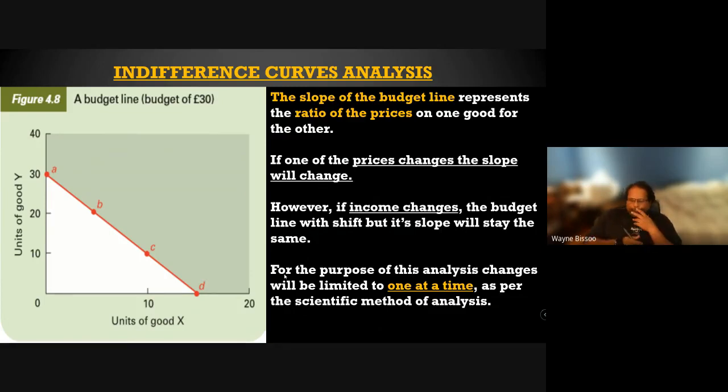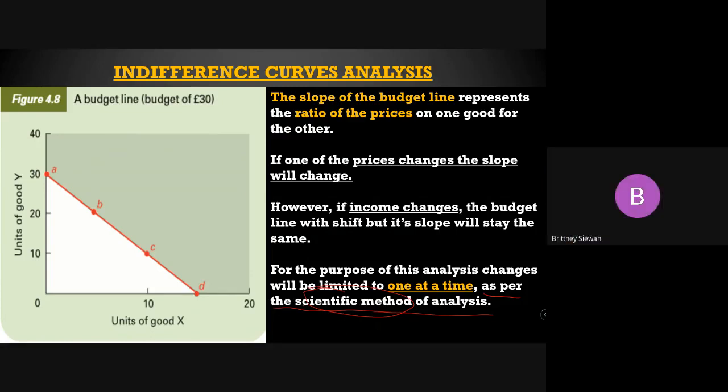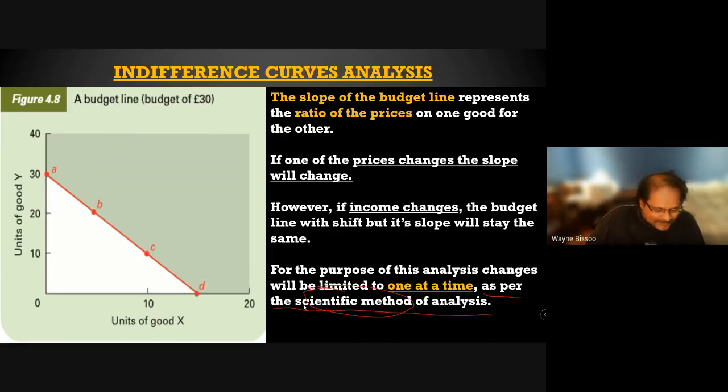Now, I didn't cover this with you guys, but why are we changing one thing at a time? Scientific method. Right. So when you all did hypothesis testing, did they go changing everything all over the place?